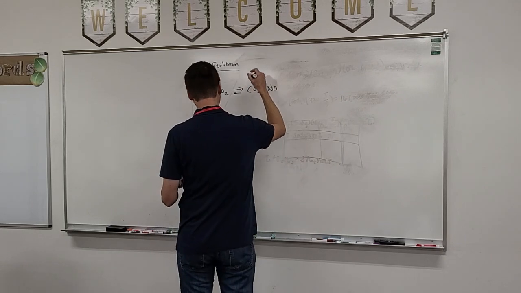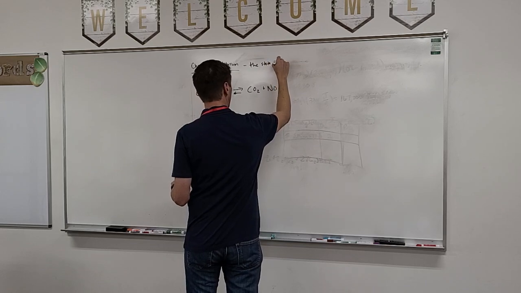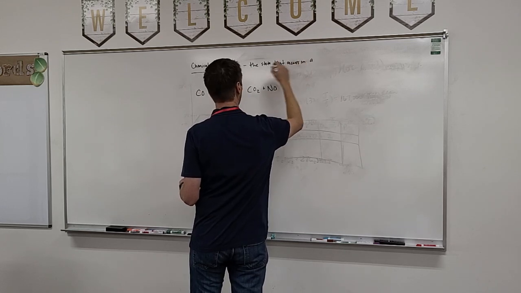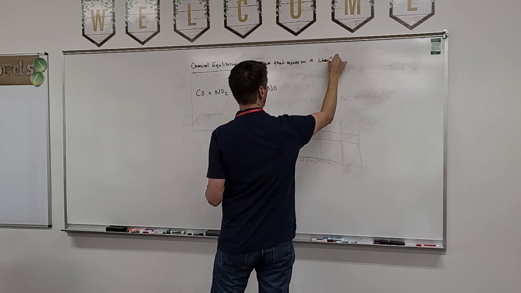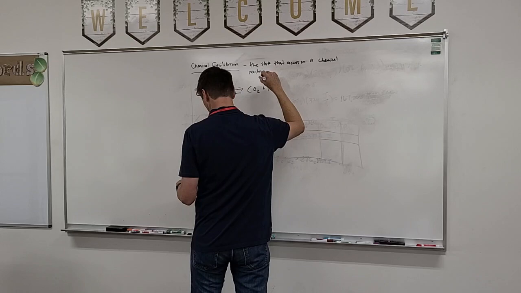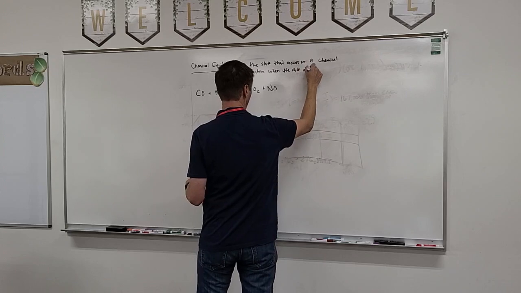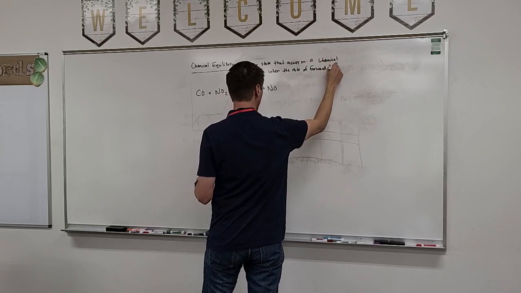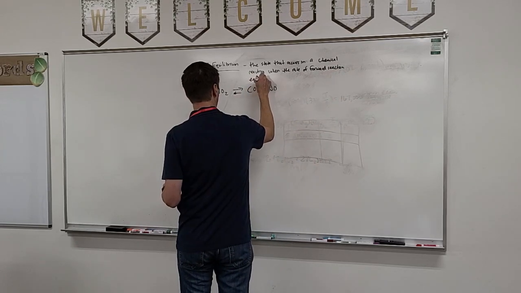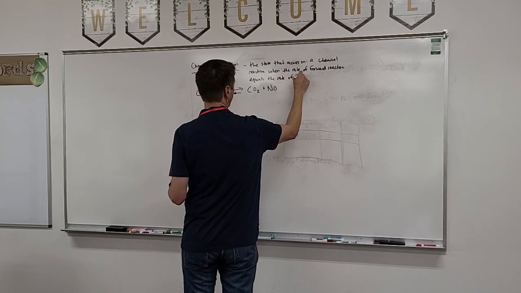So chemical equilibrium is the state that occurs in a chemical reaction when the rate of forward reaction, the one that we've solely looked at all year long, equals the rate of the reverse reaction.